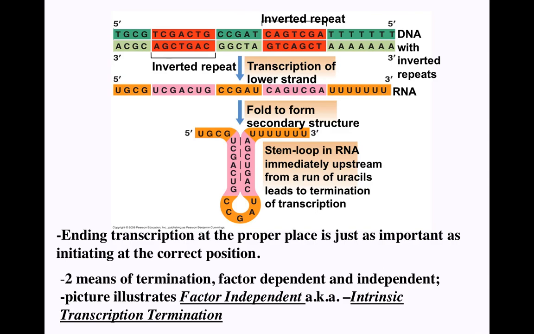So you have an architecture where you have what's known as an inverted repeat. Notice that the sequence shown in red here, 5' to 3', TCGACTG, has an inverted repeat. For an inverted repeat, you have to look at the other strand downstream, because remember the other strand is 5' to 3', TCGACTG.